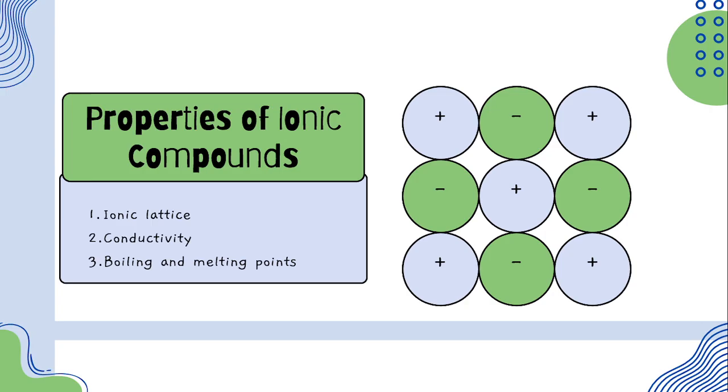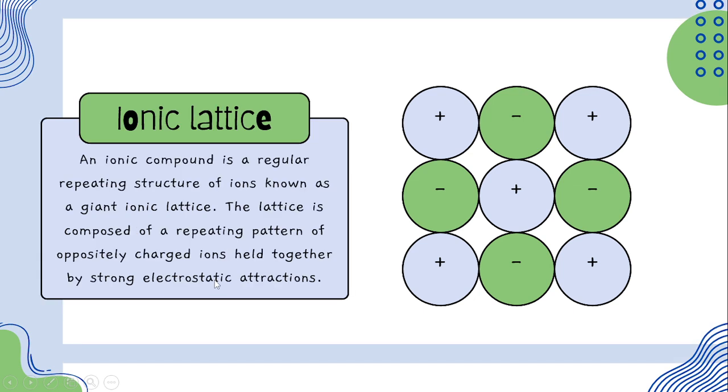We will look at the properties under these three headings: the ionic lattice, conductivity, and the boiling and melting point. An ionic compound is a regular repeating structure of ions known as a giant ionic lattice.